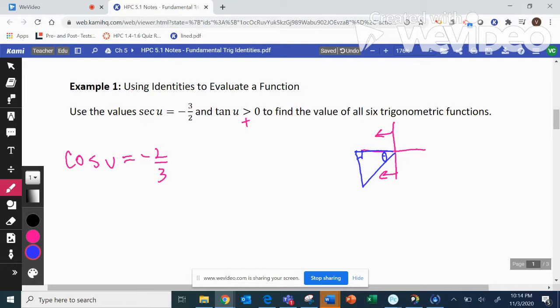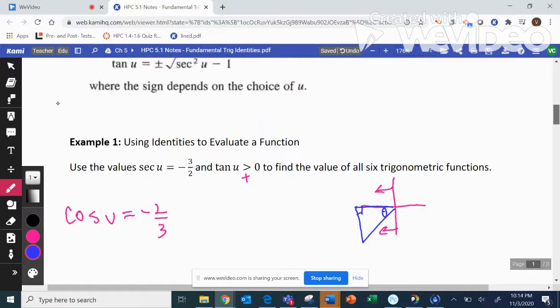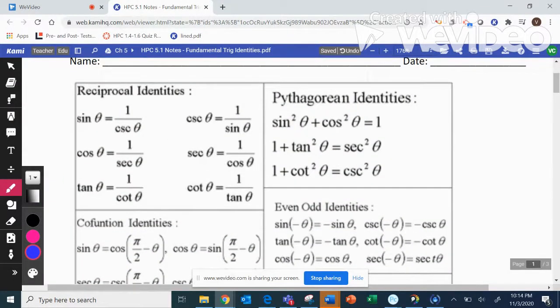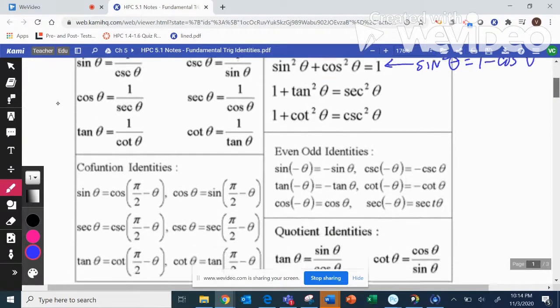So I'm going to use this Pythagorean identity up here that says sine squared theta is equal to 1 minus cosine squared theta from our last chapter. We're going to use that one.